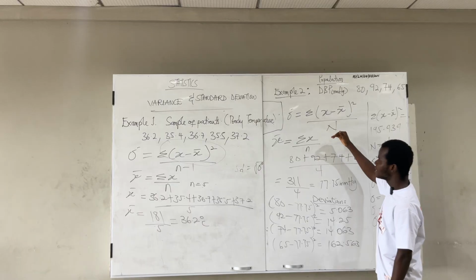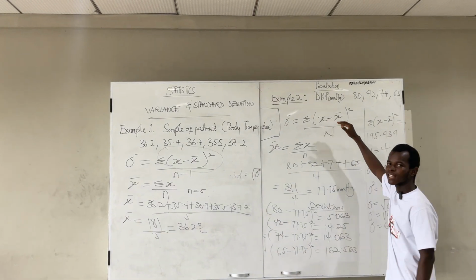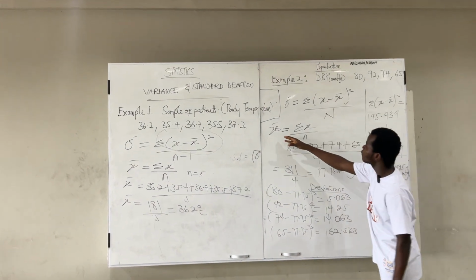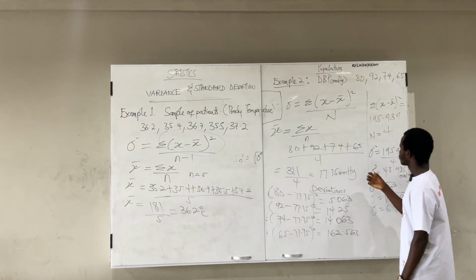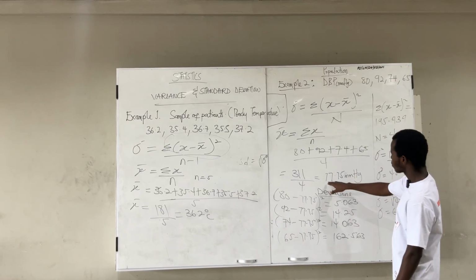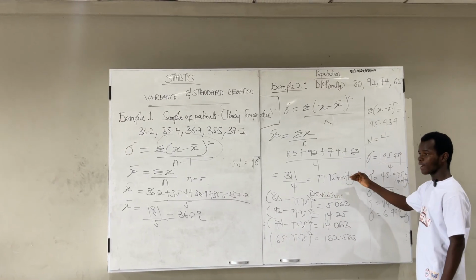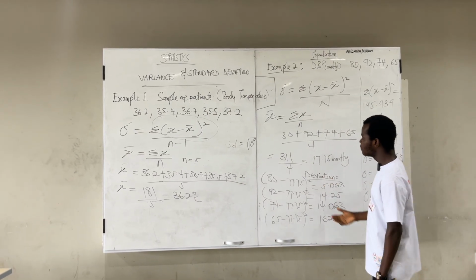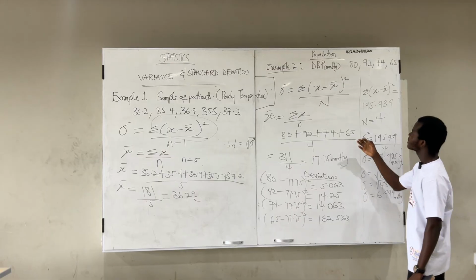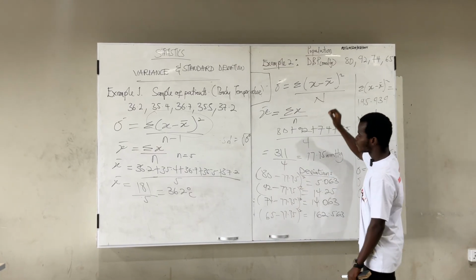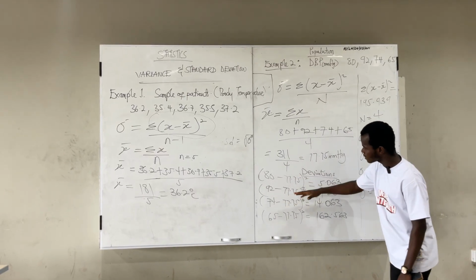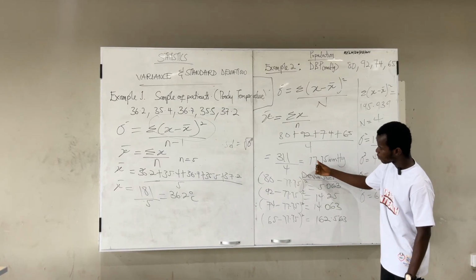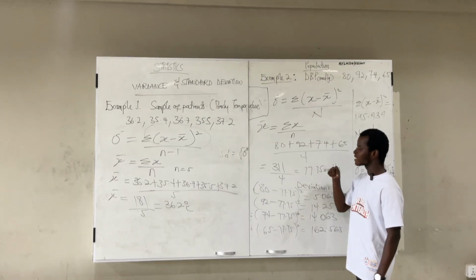Then you calculate the mean, because the mean is required in the deviations. We calculated it and got 77.75 millimeters of mercury. Then we come to finding the deviations. For the deviations, as I said, you pick each of the variables and then you subtract the mean from it. When you get the answer, you square it.